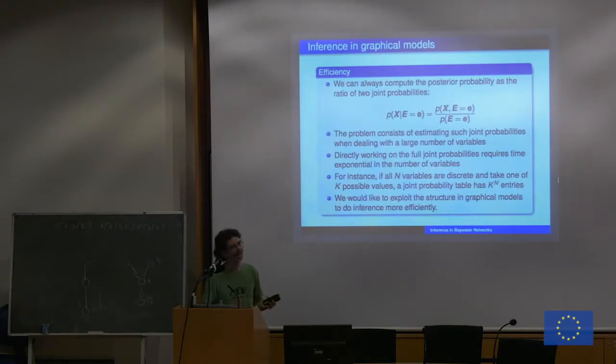And this explodes combinatorially. If you have binary variables, you will have two to the number of variables possible configurations taken all together. If you have k possible values for each variable, k to the n. So it grows exponentially with the number of variables.